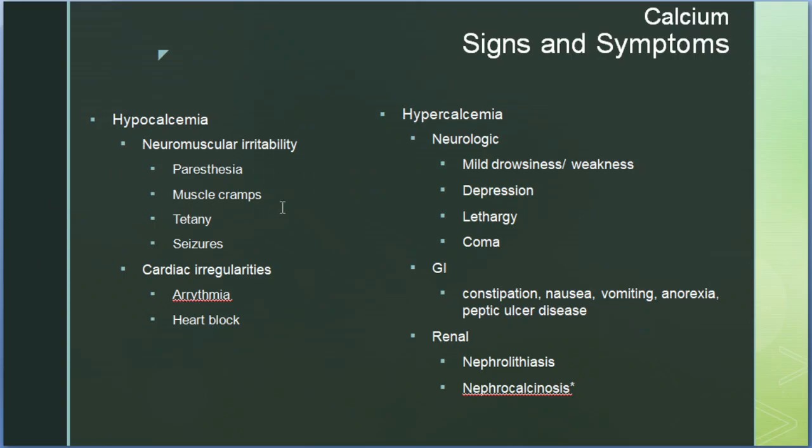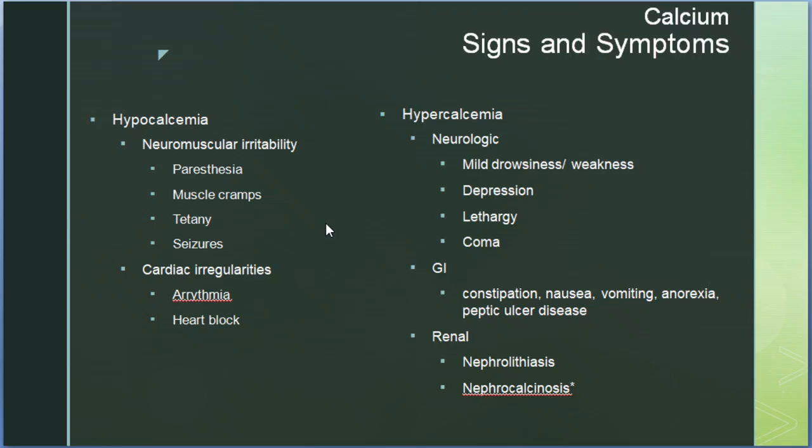Ano naman ang secondary hypocalcemia? So sa secondary hypocalcemia, okay naman ang ating parathyroid gland, nakakasecrete ng parathyroid hormone. However, the target organ of your parathyroid hormone does not respond to your PTH. It could be that it is resistant to your parathyroid hormone. Meron kang level ng parathyroid hormone, however, your kidney is being destroyed.